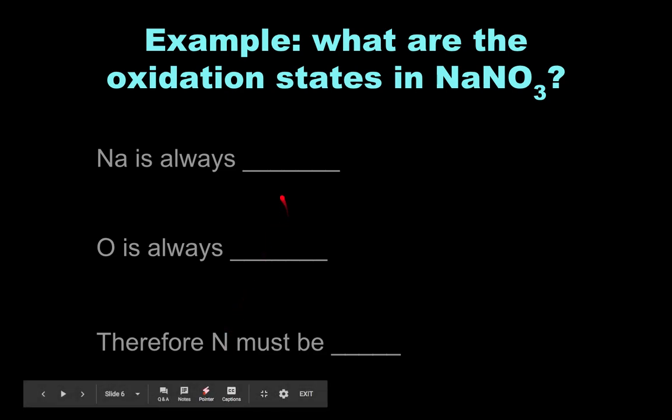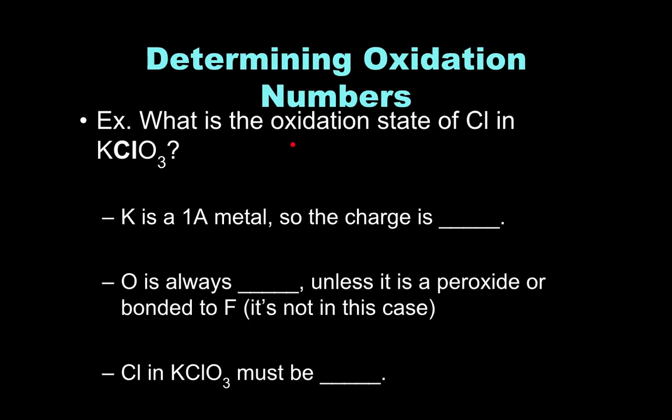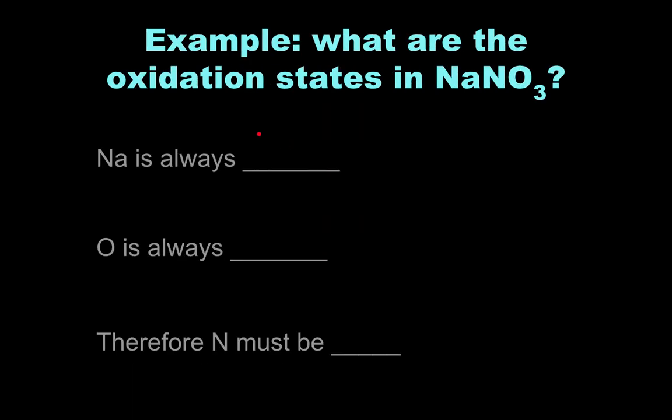So, what are the oxidation states in sodium nitrate? Okay, so sodium is always a +1. Sorry about that. Oh, this is a good one. Sodium is always a +1, and oxygen is always a -2. So I would have sodium +1, oxygen -2, but I have 3 oxygens. So -2 times 3 is -6, excuse me.